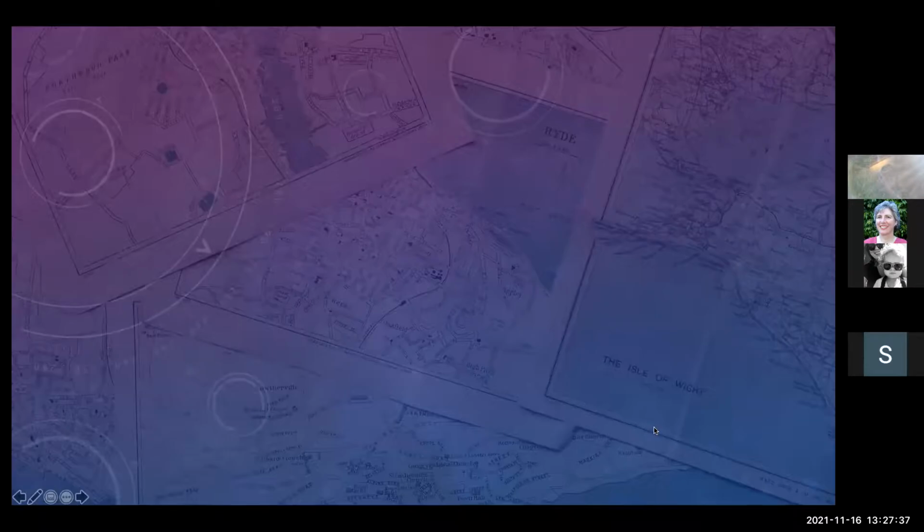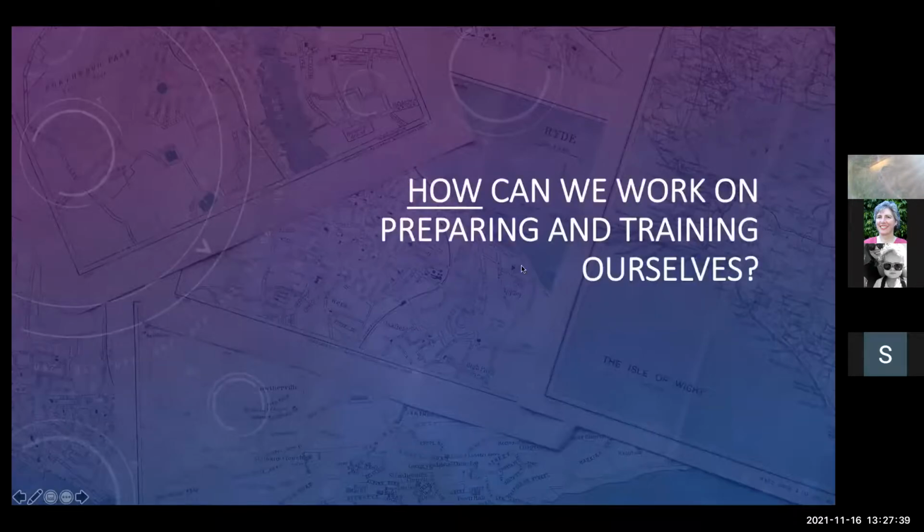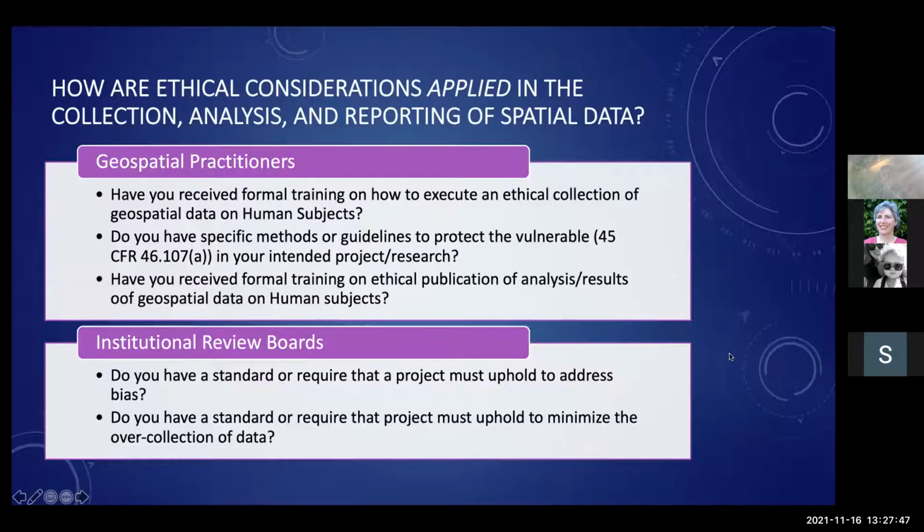And that's what leads me to this thesis. Okay, how can we work on preparing and training ourselves? So what we ended up creating is two surveys, a survey for institutional review boards and a survey for geospatial practitioners.